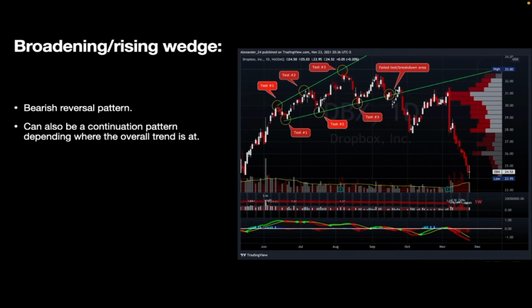Buyers get exhausted, and we break down. If you were already in a downtrend and then it makes the broadening rising wedge and then breaks down some more, that'd be a continuation pattern for a bearish trend that already exists. But in this case, we're in an uptrend, so this is a reversal.